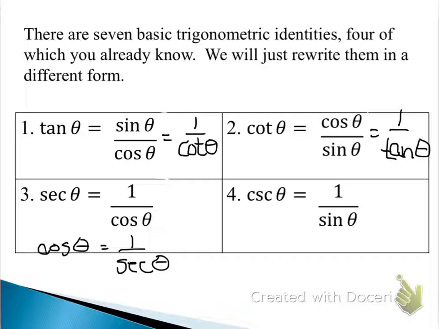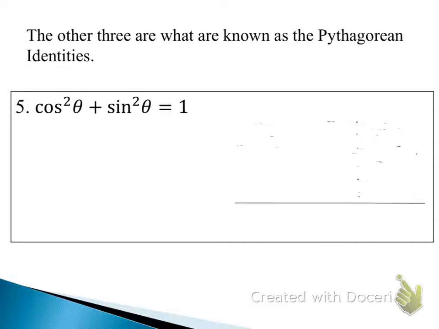And I'm not sure that we're going to be using that. And then the cosecant is 1 over sine theta, or sine theta would equal 1 over cosecant theta. So these are the identities that we're going to be using to verify trig equations.